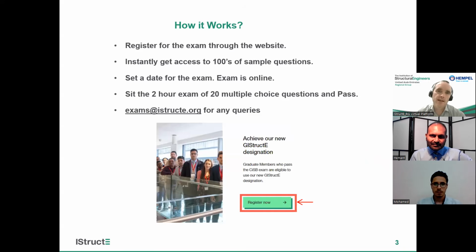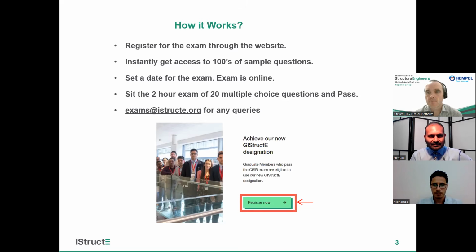You will then get access to hundreds and hundreds of sample questions, and you can practice them in your own time. When you practice these tutorials, they give you a mark at the end, tell you what questions you got right and wrong, and give some commentary on the correct answers and how to arrive at the correct answer.